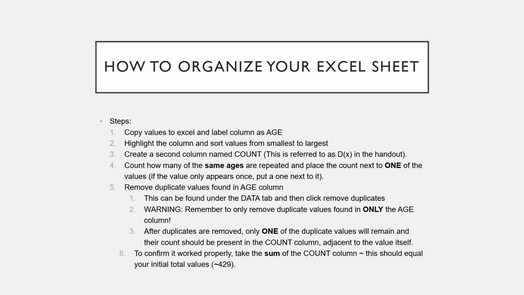It's approximately around 429, 430 values. And after you remove those duplicates, count how many times they appeared, and have your count column completed, that value should be the same as that initial value that you determined early on in creating your Excel sheet.